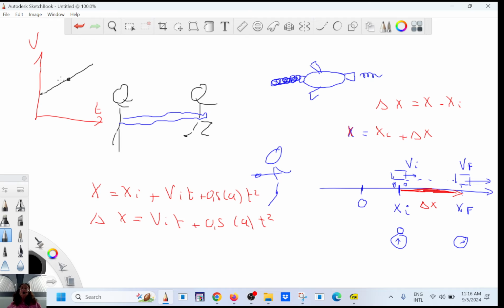So the average will be just there, right? So the average velocity in that case will be initial plus final, divided by 2. It makes sense, right? Just in the middle. Because you take as much time going from here to there as you take from here to there.